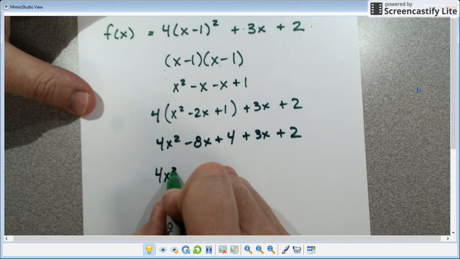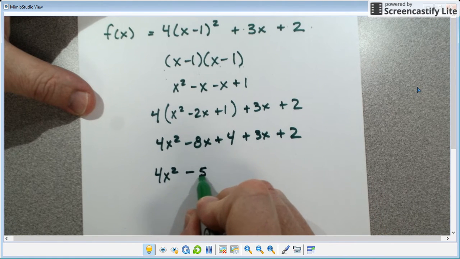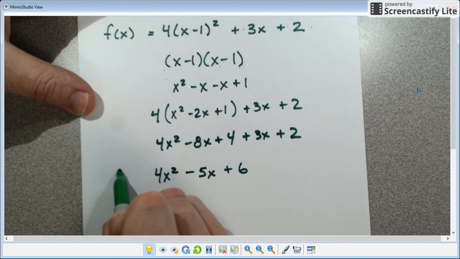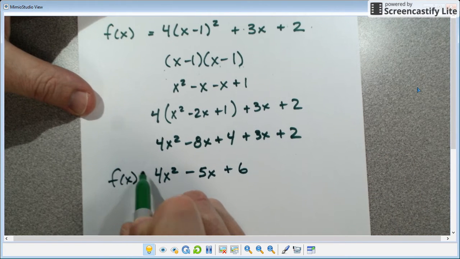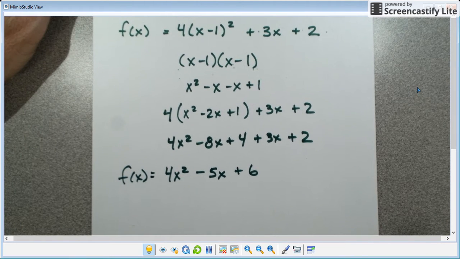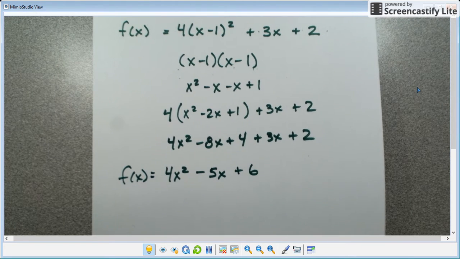We're going to have our 4x squared minus 8x plus 3x. That gives us minus 5x plus 4 plus 2 is 6. So f of x is equal to 4x squared minus 5x plus 6. There it is in standard form. So just a little bit of algebra there to go through the process and help you rearrange it.